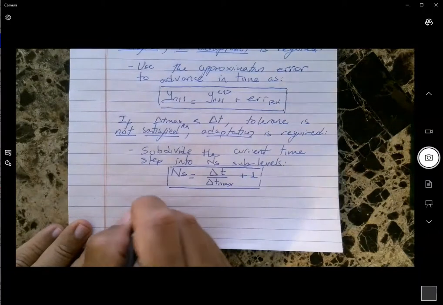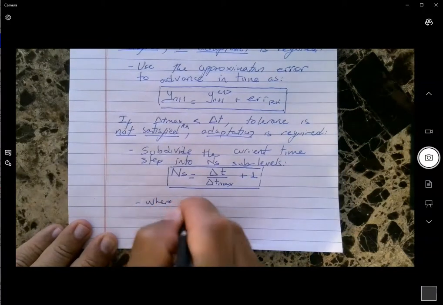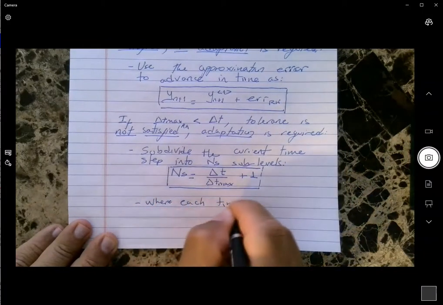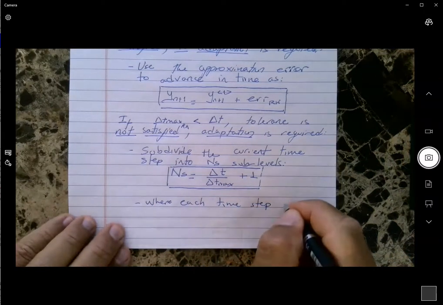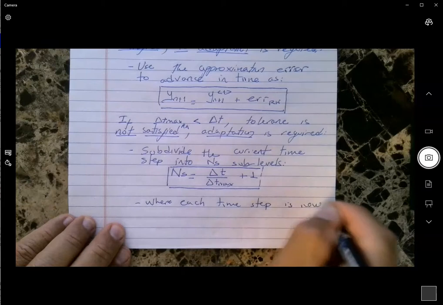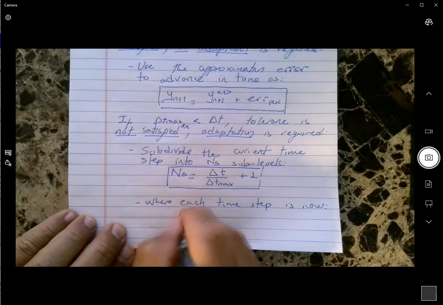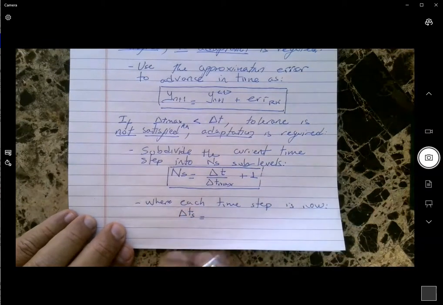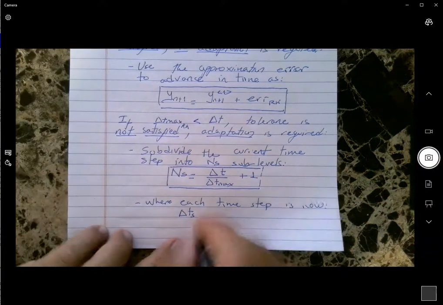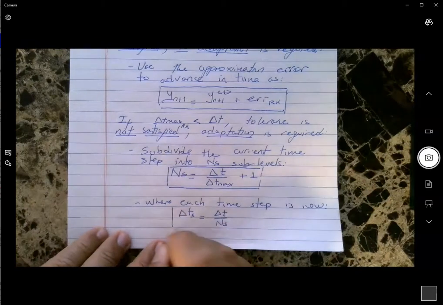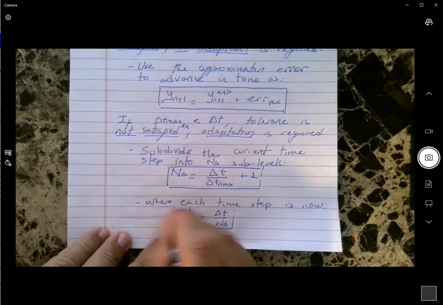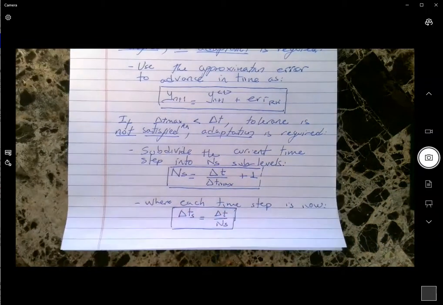then each time step is now, so the new time step, the subdivided time step, is equal to delta T divided by NS. And what you'll do is perform this validation at every time step.